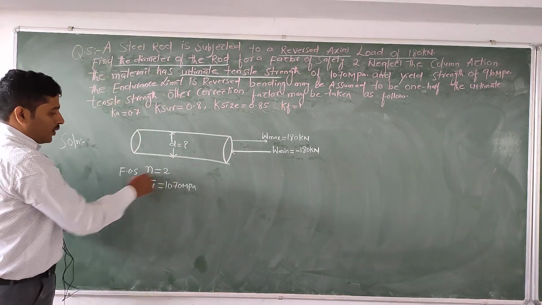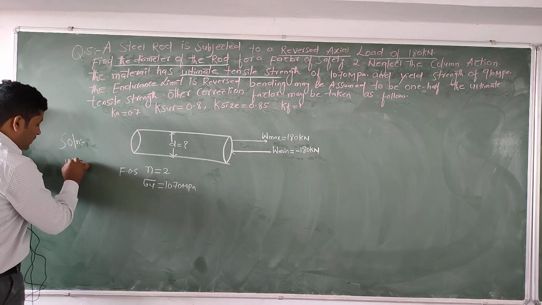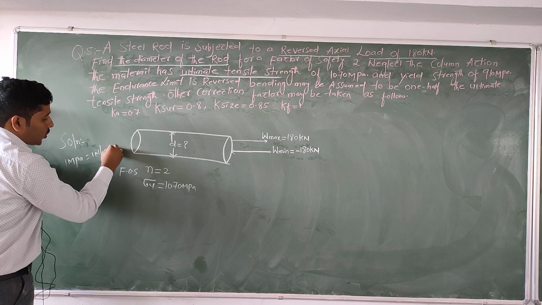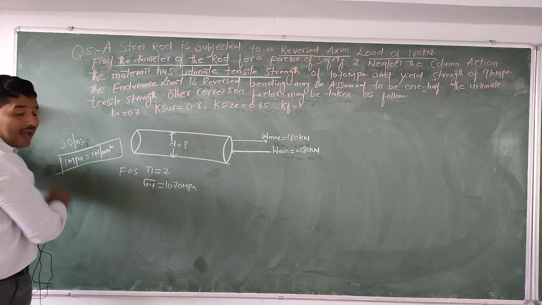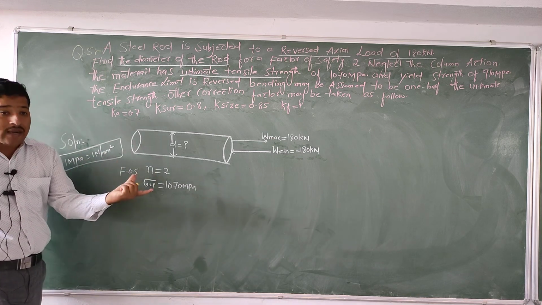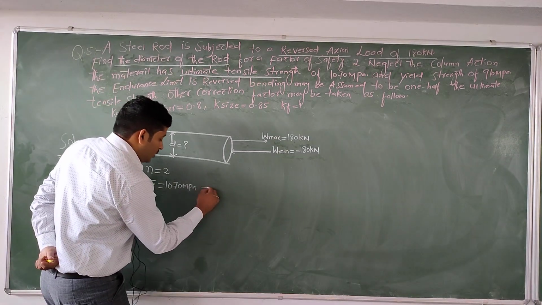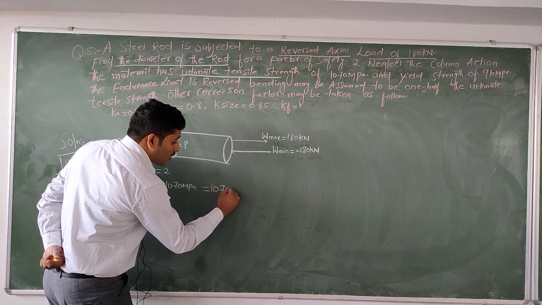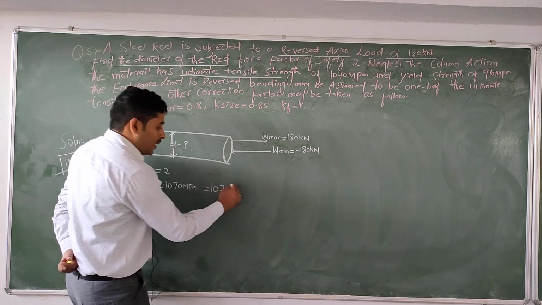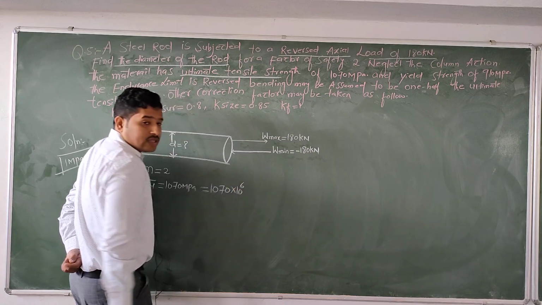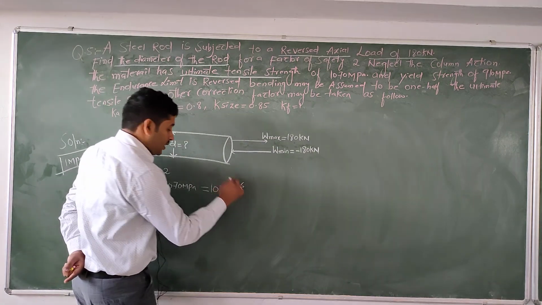Generally, 1 megapascal equal to 1 Newton per millimeter square. You can take it directly. Otherwise, if you want to expand this value for clarifying your doubt, then you can represent here 1070 into 10 power of how much? 6 or 9? 6. Is it right?